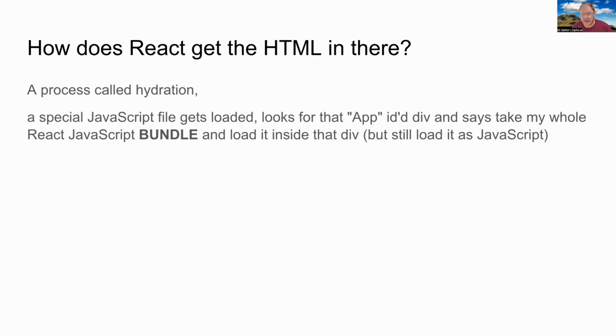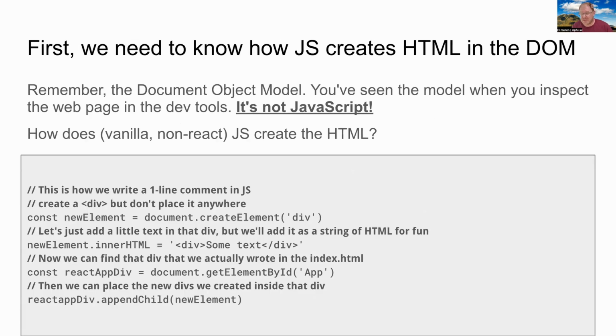And then you might say, okay, so first we need to know a little bit about how JavaScript gets some HTML into that DOM. Because if you look at the HTML file, there's nothing in there. But if you look at the DOM, if you look at the inspect inside your DevTools, you'll see HTML in there.